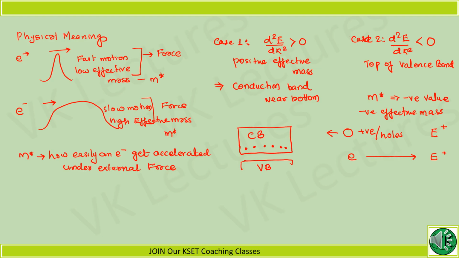And in this case, we won't represent the effective mass as negative. Effective mass won't be negative, so we write the magnitude of d square E by dk square.